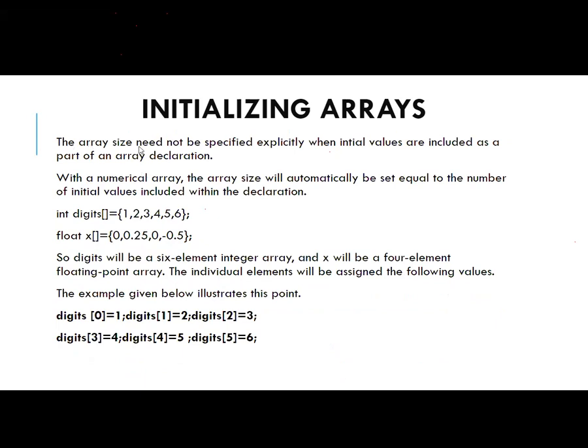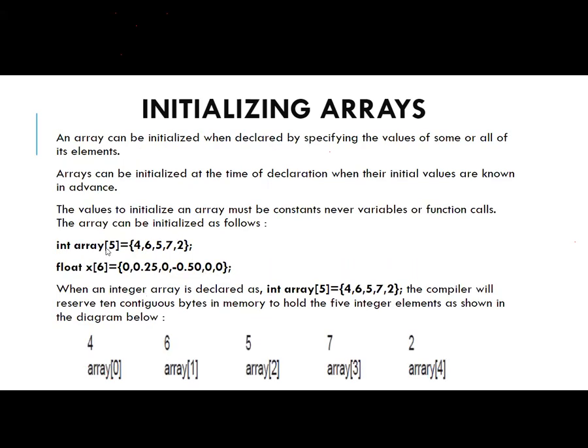Then the array size needs to be specified explicitly when the initial value is included. Now this was in the example where you have seen that the size was given at the time of declaring the array. Although you initialized it, you declared the array and gave the size.